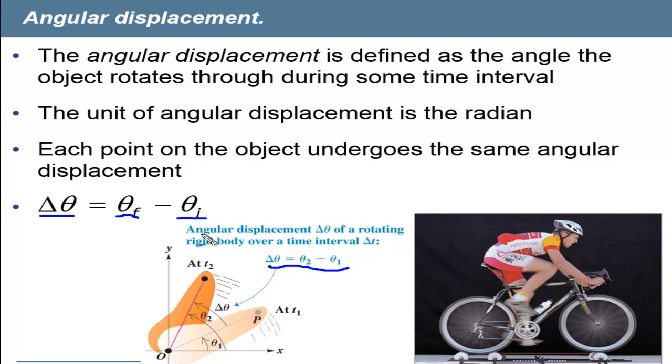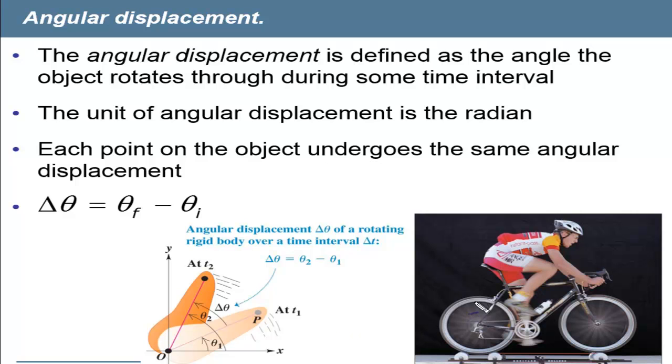So two things to really note here: our delta theta is simply a change in angle, and very importantly, every point undergoes the same angular displacement. So on this body, the 2 points undergo the same angular displacement.